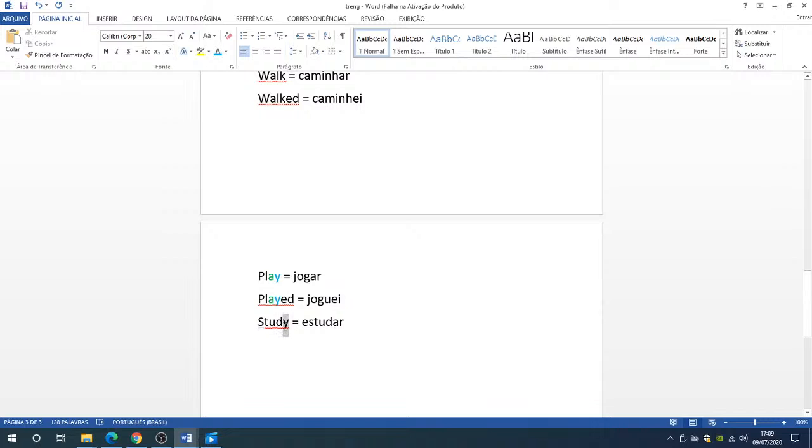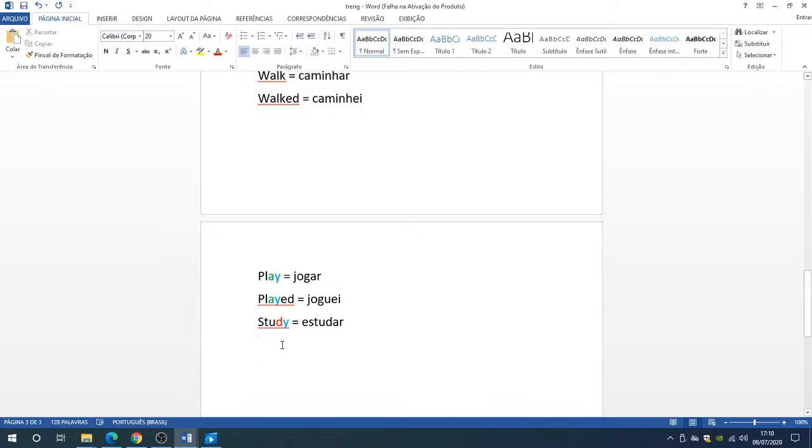Vamos observar o seguinte, eu também terminei com y aqui, o meu verbo. Só que antes do y, eu encontrei aqui uma consoante, não uma vogal. Eu vou simplesmente colocar ed nesse verbo, que é um verbo regular com R de rato, que não está naquela lista. Vou colocar ed sim.